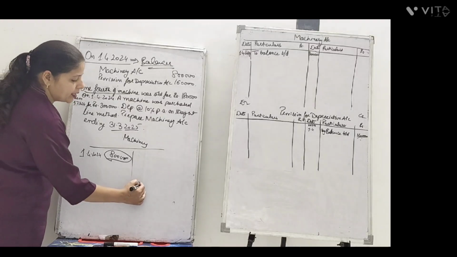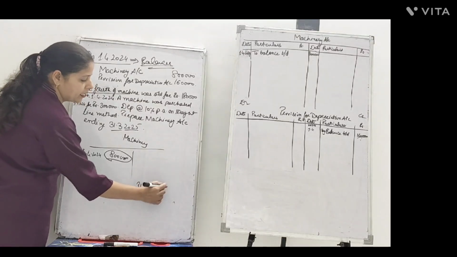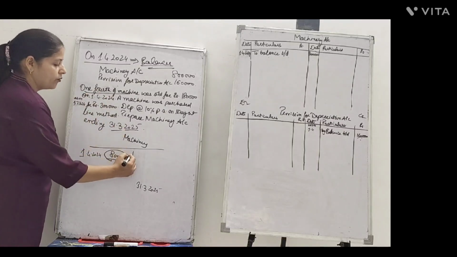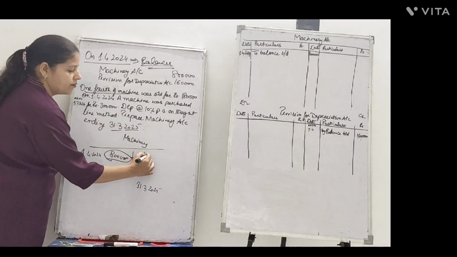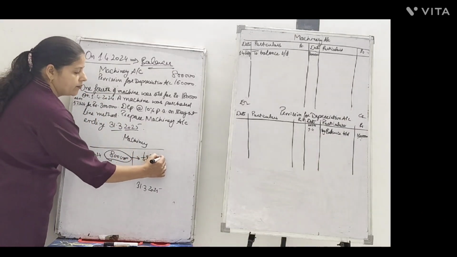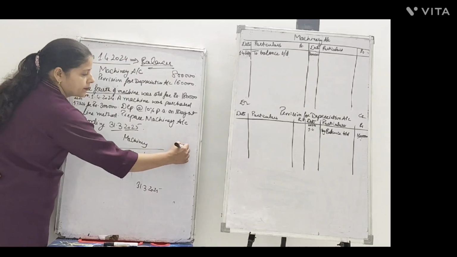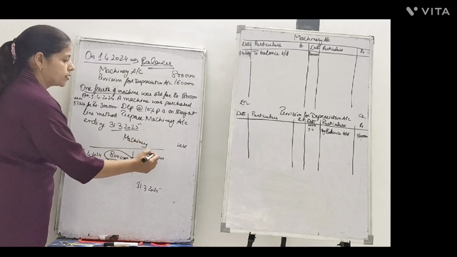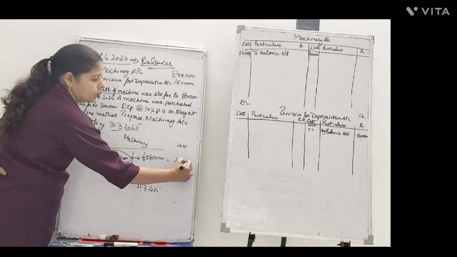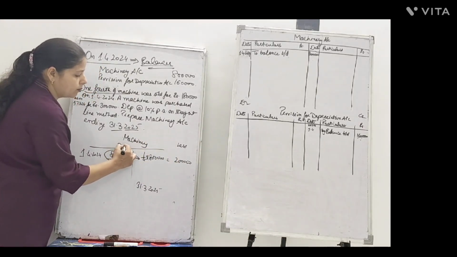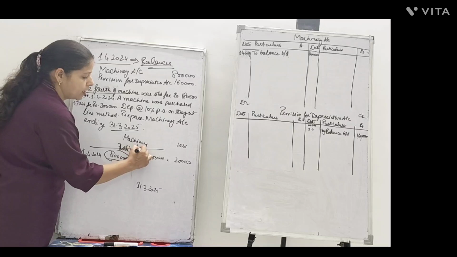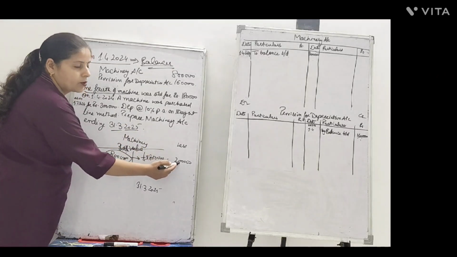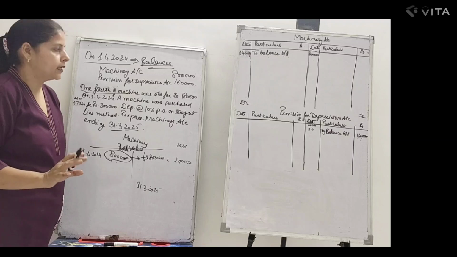Right? He is asking for the 31st March 2025 balance of machinery. Out of 8 lakh, he is saying 1/4 of the machinery was sold. You know very well, whenever we are selling something, it should go on the credit side because it is an asset and the asset is reducing. How much machinery did you sell? We are talking here about book values, which was the purchase value. Out of 8 lakh, we sold 2 lakh, right?